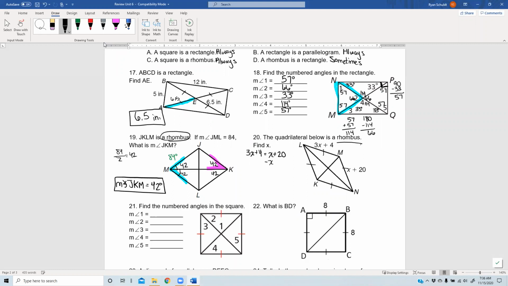Move my X over. I get 2x plus 4 equals 20. Subtract the 4. I get 2x equals 16. Divide by 2, and I'll get x equals 8. So all they ask us to do is find x.